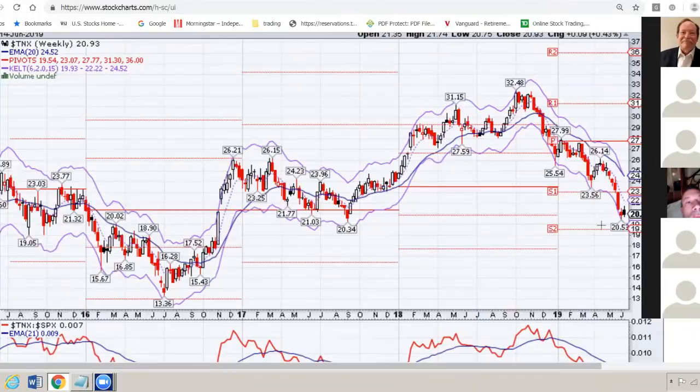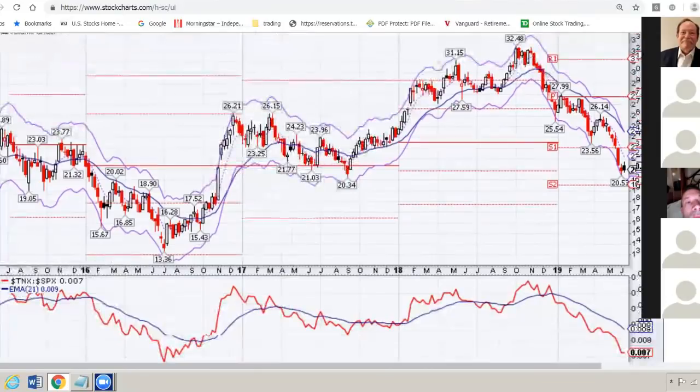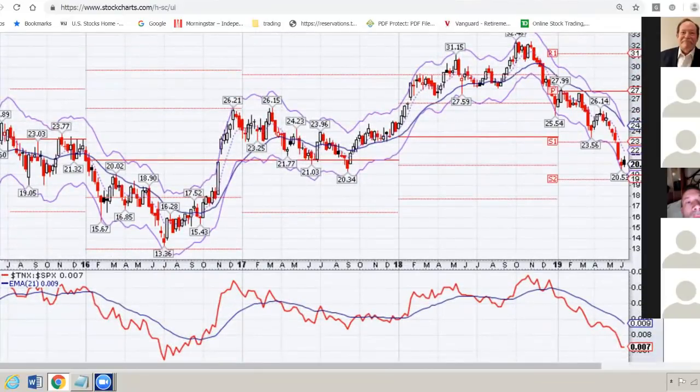We closed at a 2.093 yield on the 10-year note, and the S1 here is at 1.954. So, another interesting thing: you can see that the pullback we had in 2017 was just right back to the pivot.